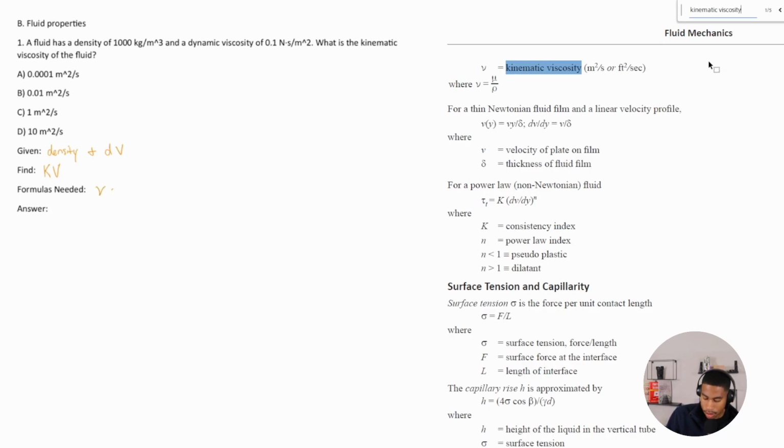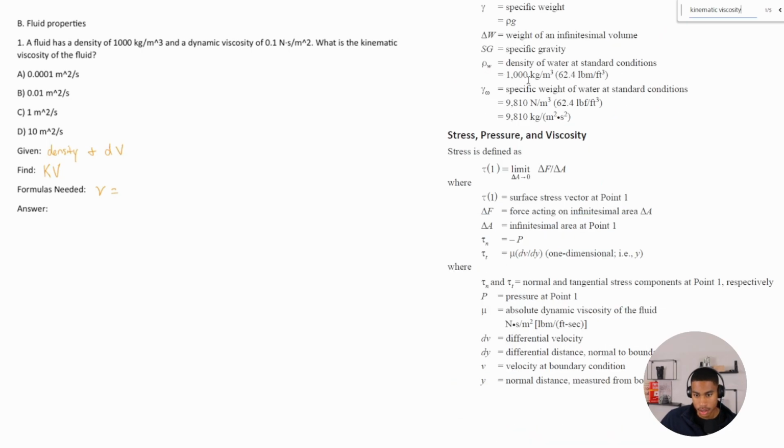So V is equal to, okay, let's make sure we have some other variables that we'll need. What is this mu? Well, the handbook is going to tell us what this top mu is. So mu is the absolute dynamic viscosity of the fluid. So this is mu.